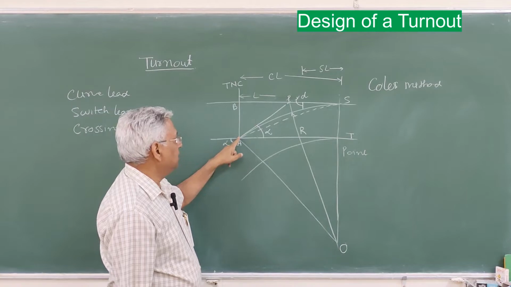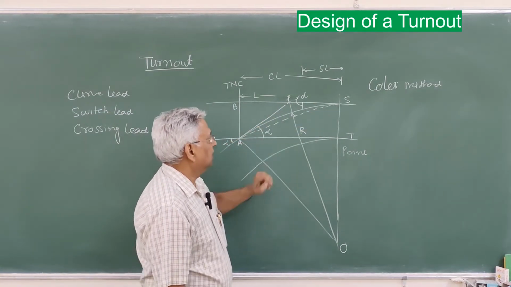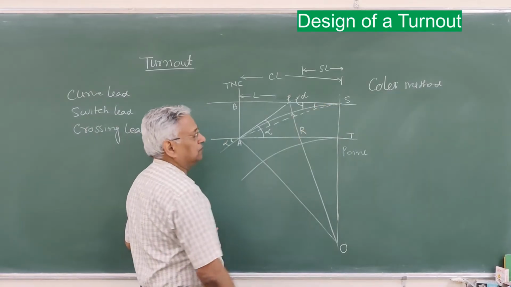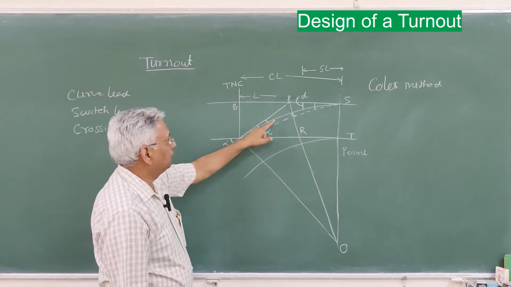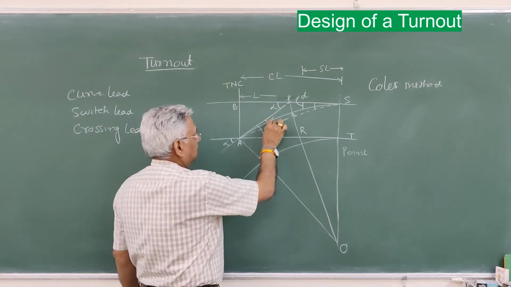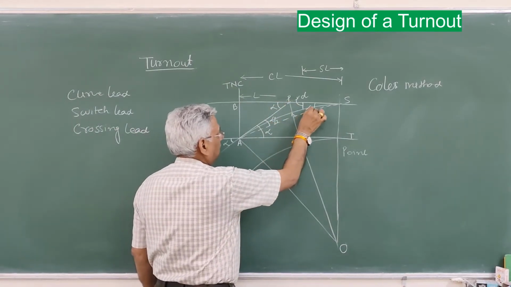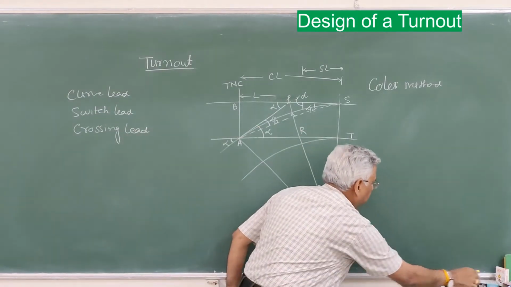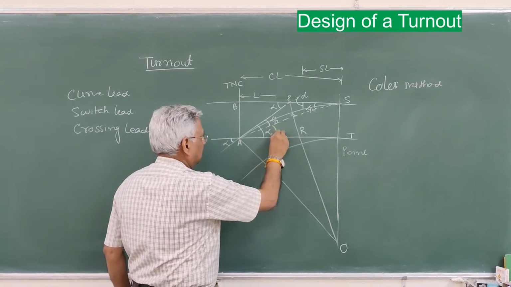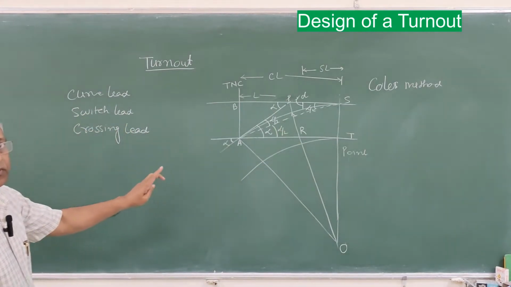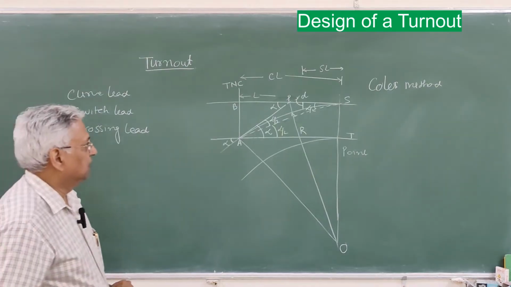So this length AP is equal to PS, and therefore this angle will be equal to this angle, and because the sum of these two angles is alpha, this is alpha by 2 and this is also alpha by 2, and therefore this remaining angle here is alpha by 2. That is from simple geometry.